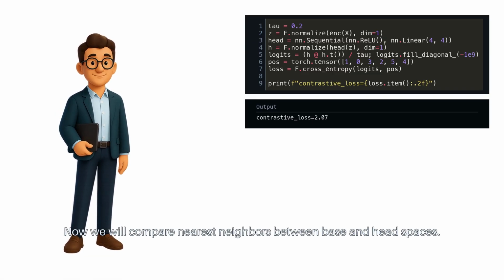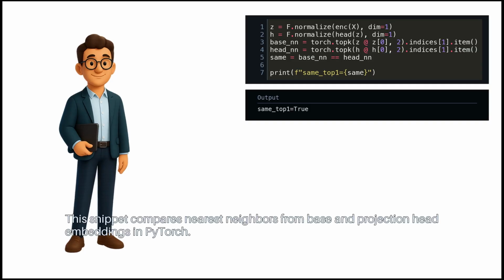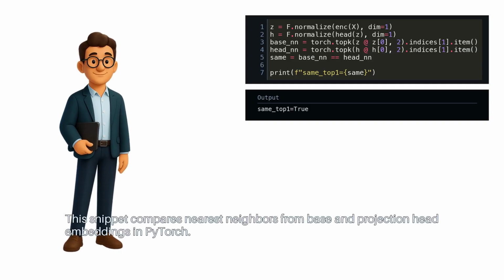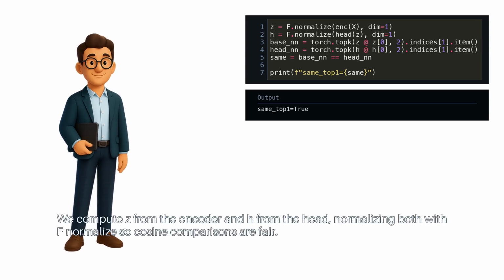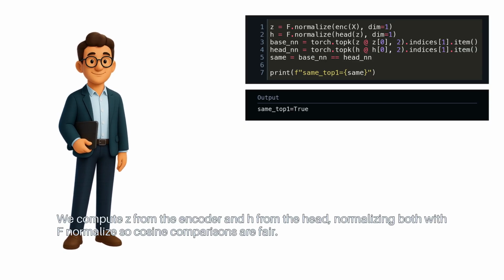Now we will compare nearest neighbors between base and head spaces. This snippet compares nearest neighbors from base and projection head embeddings in PyTorch. We compute Z from the encoder and H from the head, normalizing both with F.normalize so cosine comparisons are fair.